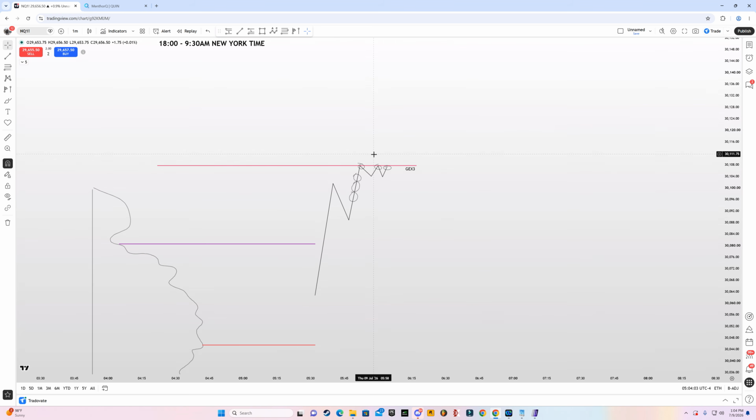Step two, we need aggressive sellers to step in and show a follow through. So from here onwards, when I see that a lot of aggressive buyers are stepping in, but they're not able to break above this level, or they slightly did break above it, but then immediately we reverse below, we see aggressive selling stepping in.